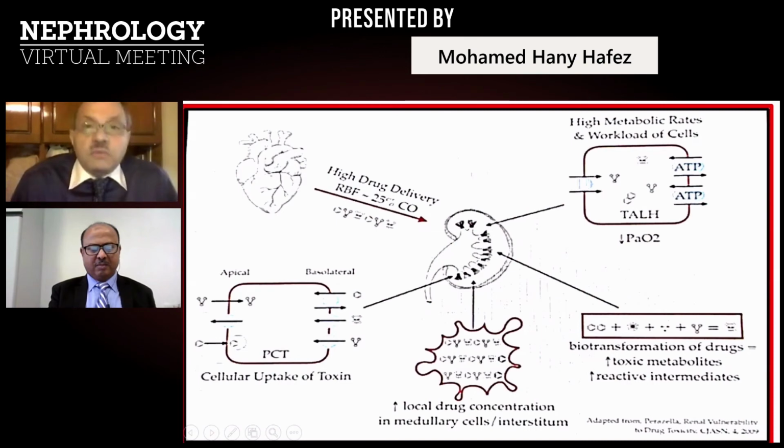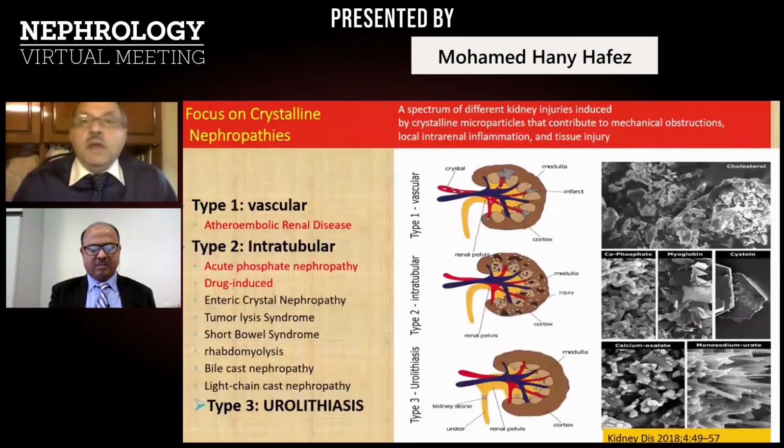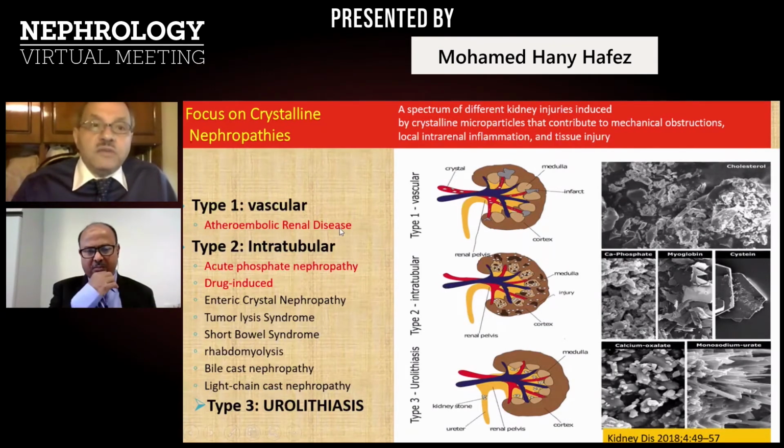What about an item that we call crystalline nephropathy? We know that crystalline nephropathy is not only caused by drugs or by substances, but we can classify it into 3 types. Type 1, vascular, which is the atherosclerotic renal disease.